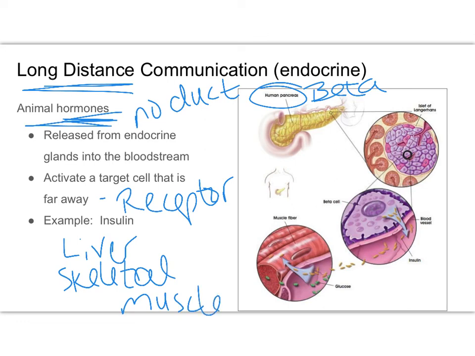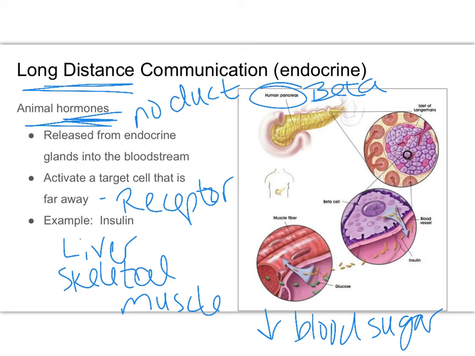And insulin's job is to decrease blood sugar. And it decreases it by telling these cells that are able to store excess sugar, like the liver or the skeletal muscle, to pull the glucose out of the bloodstream.